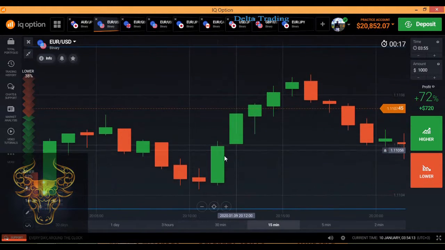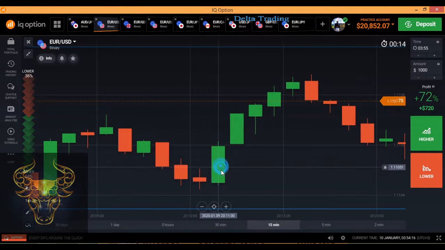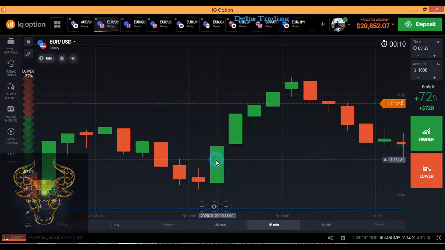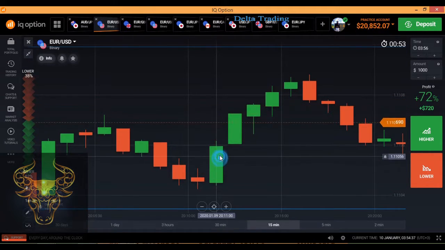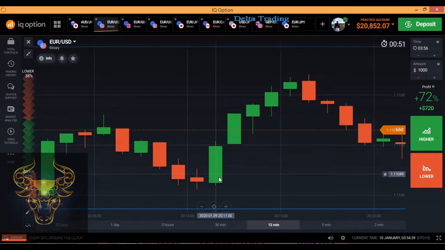For example, in this green candle, it is composed of multiple people who buy. If they buy from here, another person will buy from here additionally, until too many buyers come. That's the reason why the green goes up.